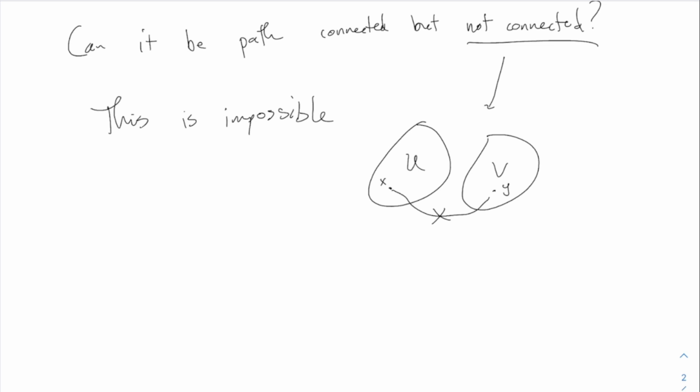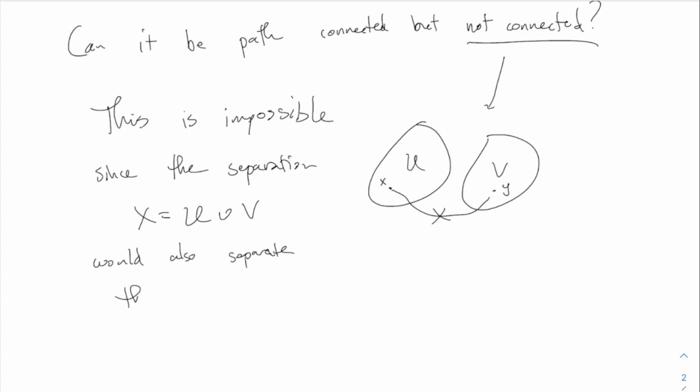My basic idea is that the separation X equals U union V would also separate the path from X to Y. But that should not be possible because a path is basically like an interval, and an interval cannot be separated, all right?